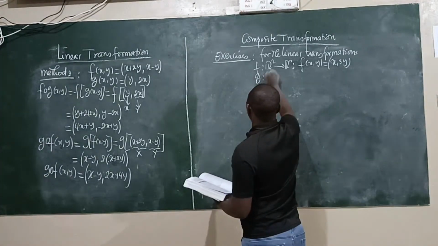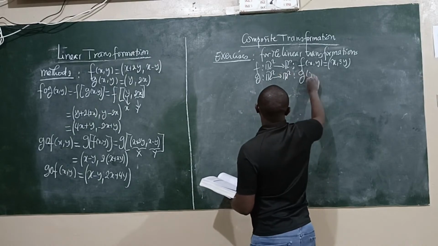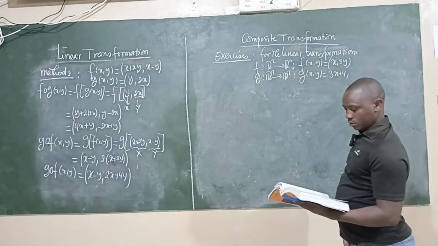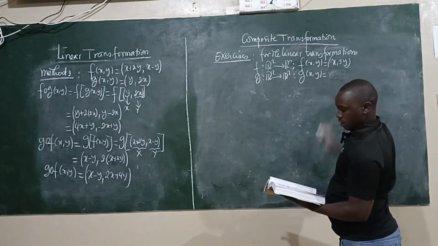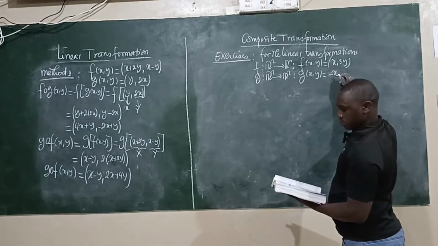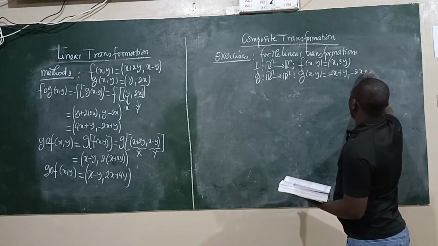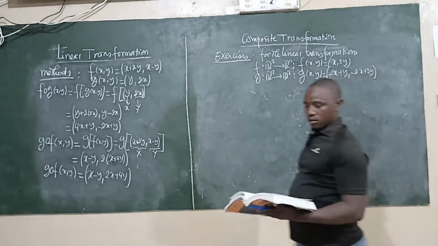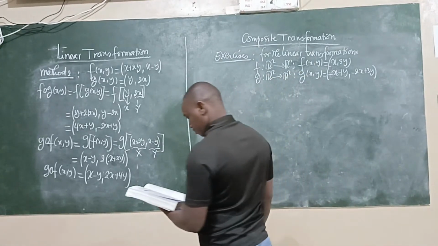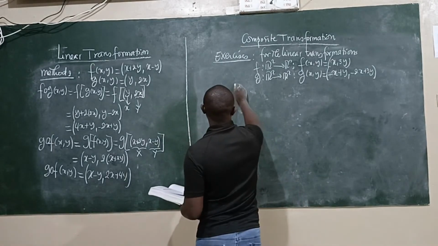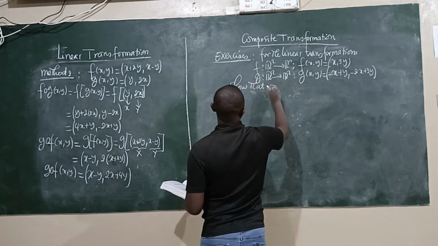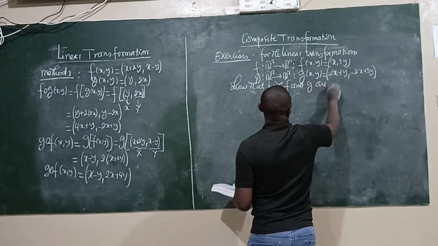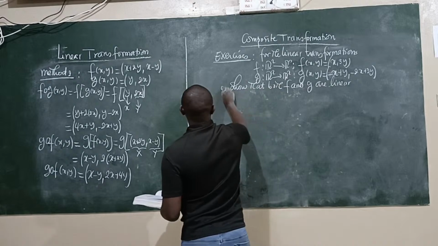G maps R2 to R2 by g(x, y) = (3x + 4...), I'm sorry, here it is (-x + y, -2x + 3y). A: Show that both f and g are linear.